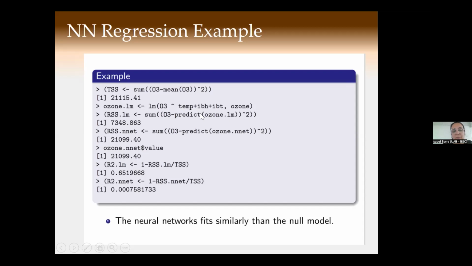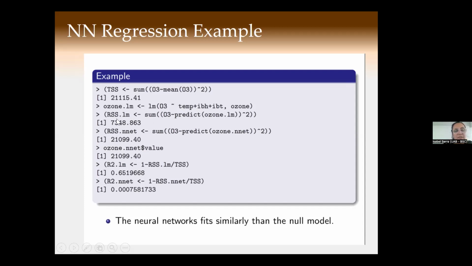With predict, it's the same as I was showing with the previous example. When I check the residual sum square of the model, I obtain this number. You can see the residual sum square is 7,000, previously 21,000.